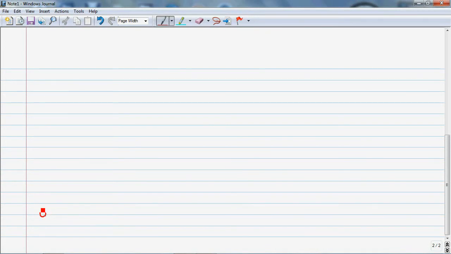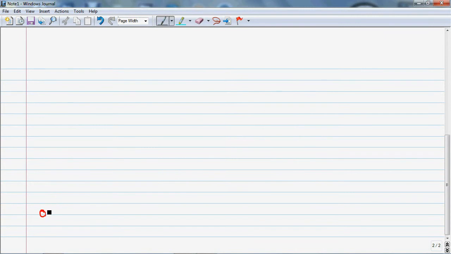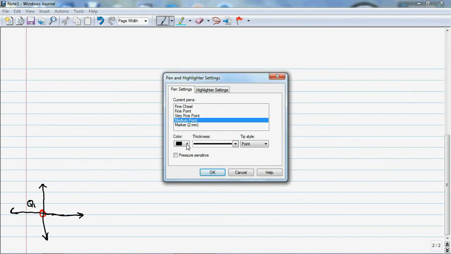So this is Q1, and we're going to place the x-axis along here through this charge, and the y-axis through this charge. Now I'm going to do these in a different color, let's do it in light green.